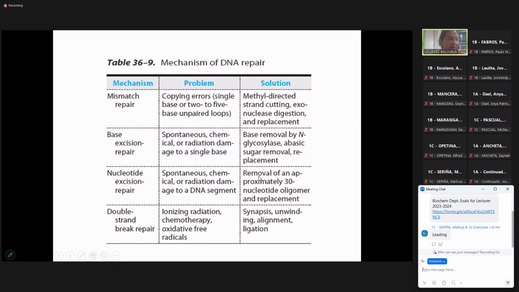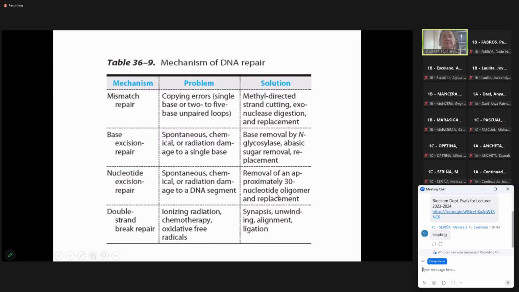Base removal, so the whole base is removed. Here is nucleotide excision, removal of approximately 30 nucleotide oligomer and replacement. So what enzyme will function for this? You have the different polymerases, no?